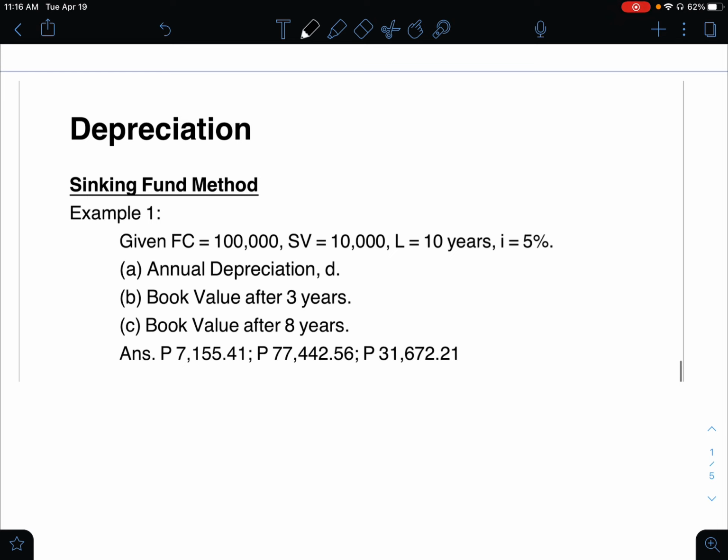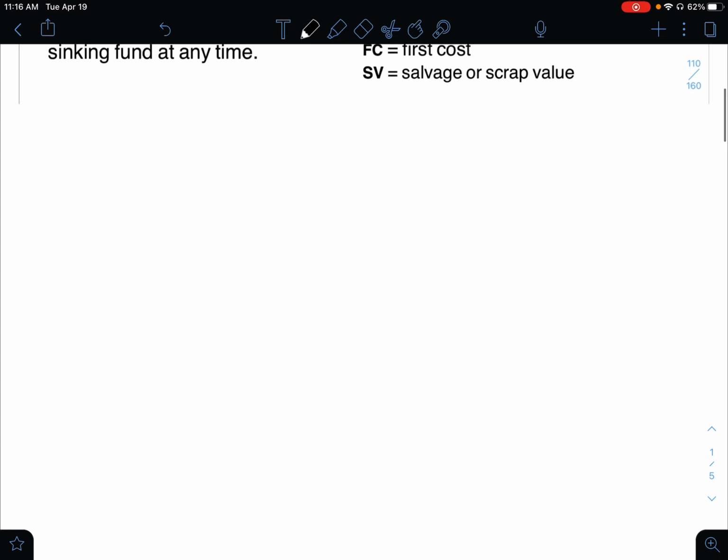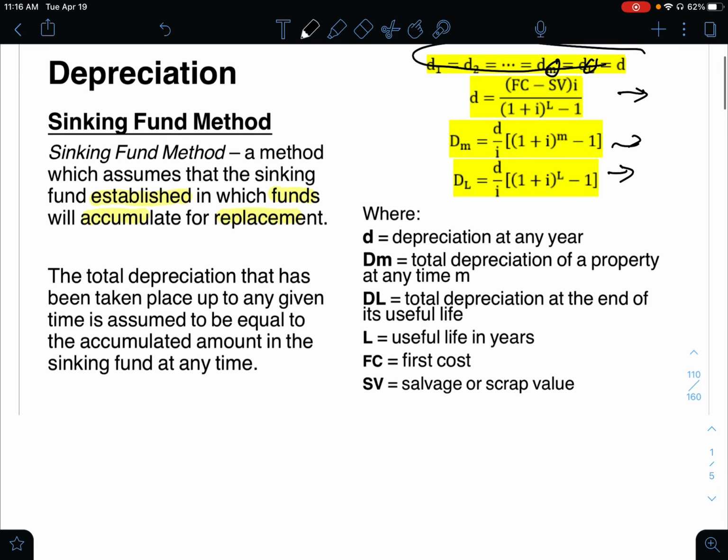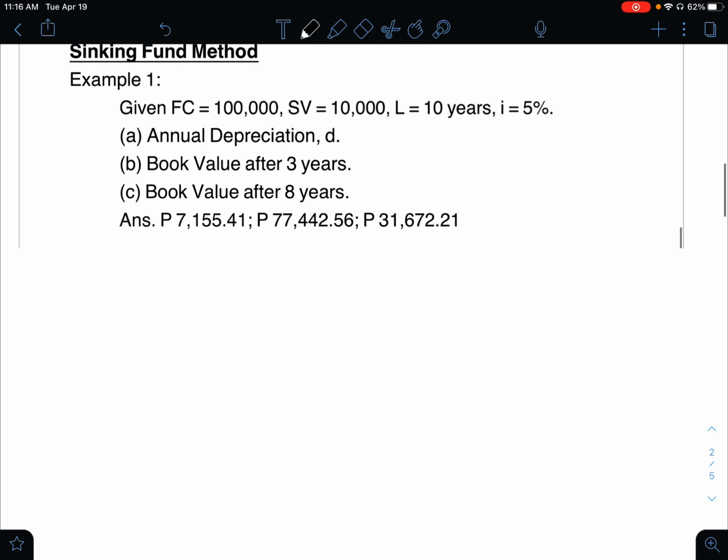So what is D? For us to find D, we have this formula, remember? D is equal to FC minus SV times I over (1 plus I) raised to the power L, minus 1. So for us not to forget it, let's write D is equal to (FC minus SV) times I over (1 plus I) raised to the power of L minus 1.